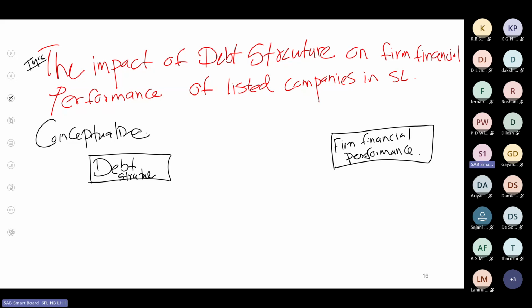So in conceptualization, there are three important things. You identify the variables, and then draw the conceptual framework. This is our conceptual framework. What is the third part? Develop the hypothesis. What might be the hypothesis here?